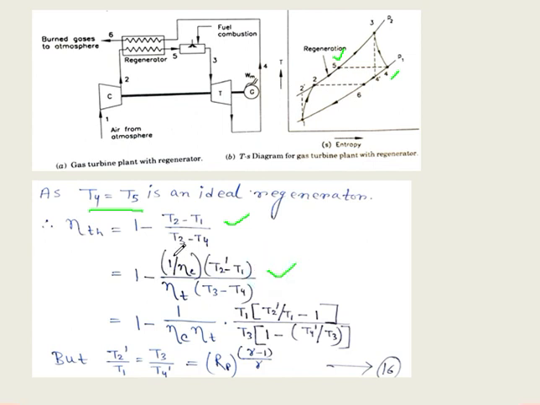Putting the values, 1 minus 1 by eta c into (T2 dash minus T1) by eta t (T3 minus T4). From that you will get 1 minus 1 by eta c into eta t into T1 by T3 into (T2 dash by T1 minus 1) by (1 minus T4 dash by T3). But T2 dash by T1 equal to T3 by T4 dash, that is equal to Rp to the power gamma minus 1 by gamma. This is equation number 16.